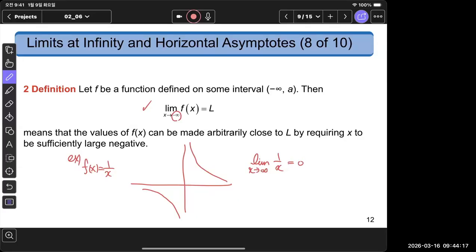Now, in a similar way, if x decreases without bound, as x moves to the left, the values of the function increase approaching 0, and the limit will be 0. And in the negative infinity case, 1 over x is approaching this horizontal asymptote from below.